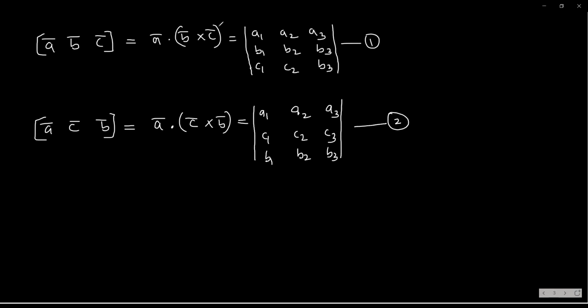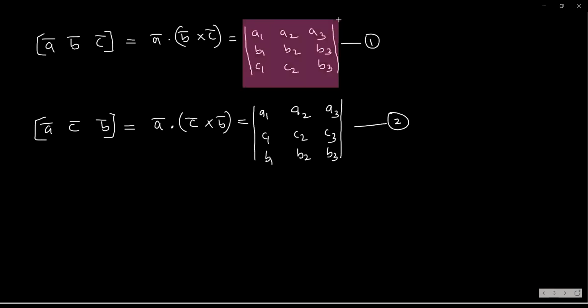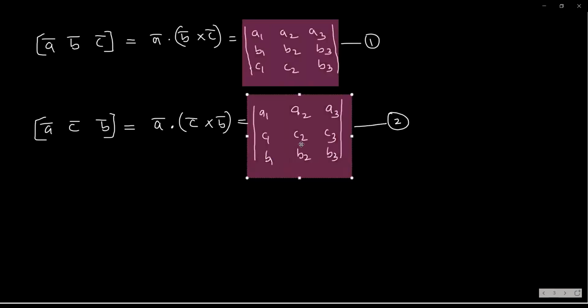I have a question. Are these two determinants related anyways? Look at these two determinants and think. Yes. We have done in the properties of determinants that when any two rows are interchanged, the value of the determinant will change its sign.